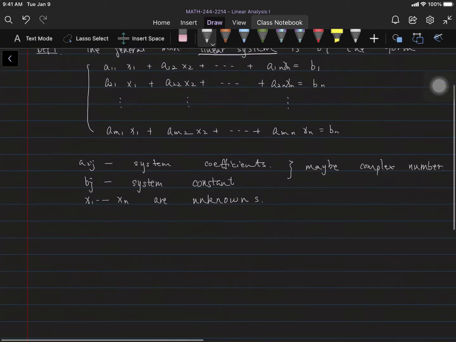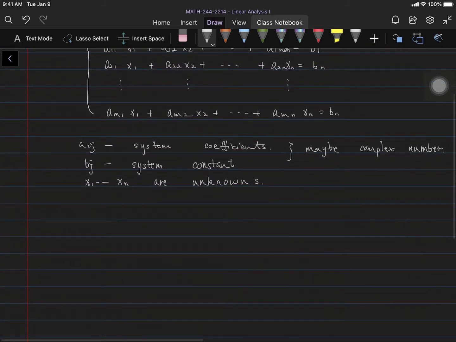If all the bi, the right side constants, equal 0, then all the equations have right side 0, so we say the system is called homogeneous.